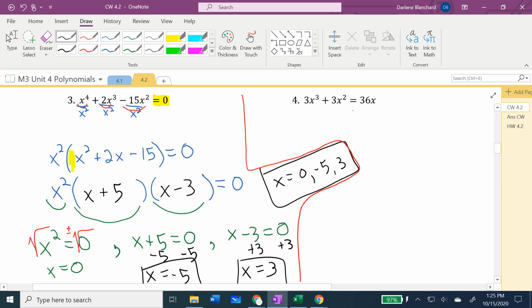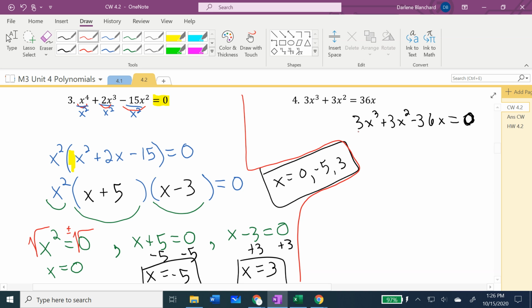You're going to subtract 36x from both sides. So then I will have 3x cubed plus 3x squared minus 36x is equal to 0. Once it's set equal to 0, then you're ready to begin factoring, but always look for those common factors first.